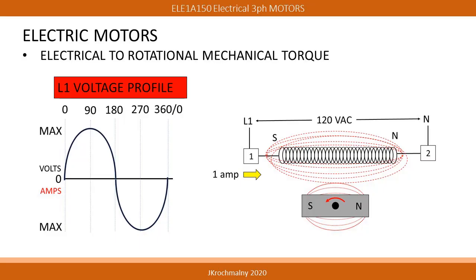In this case, all of the current comes from the L1 terminal and travels to the N terminal. Since we have 120 volts AC as the power source, this voltage appears and disappears according to the frequency of the AC power source. It is this difference in voltage pressure that causes the current to move through the circuit.